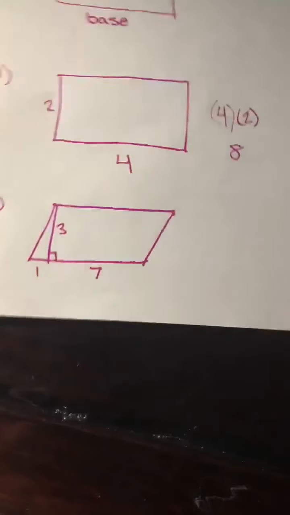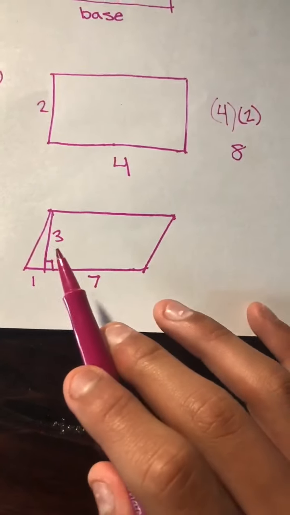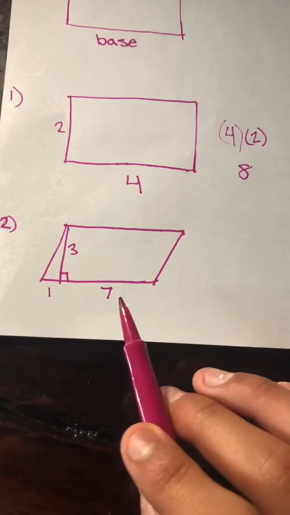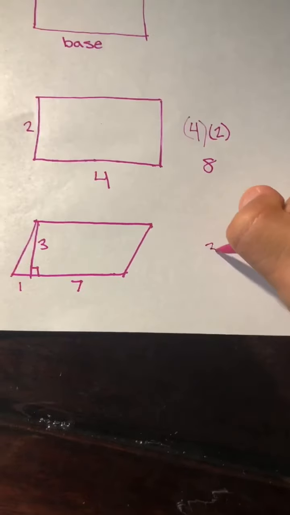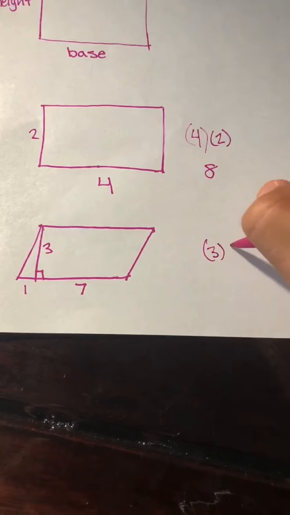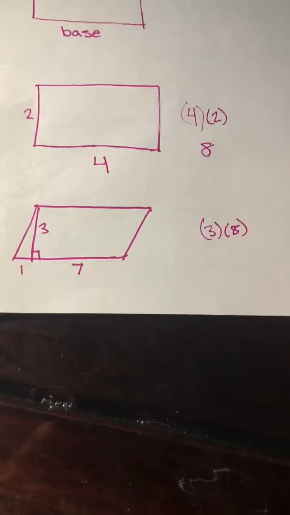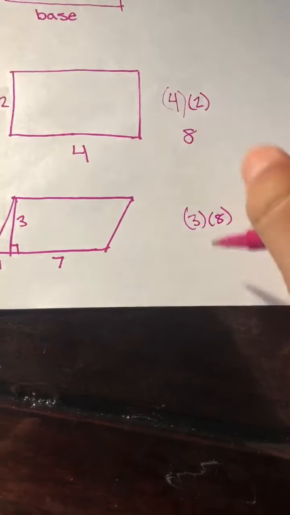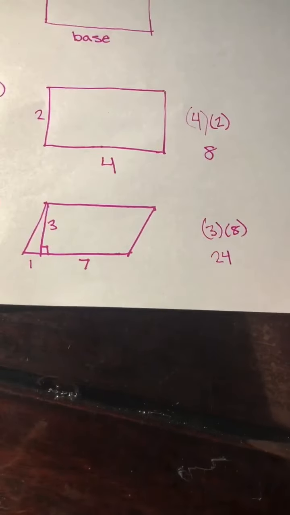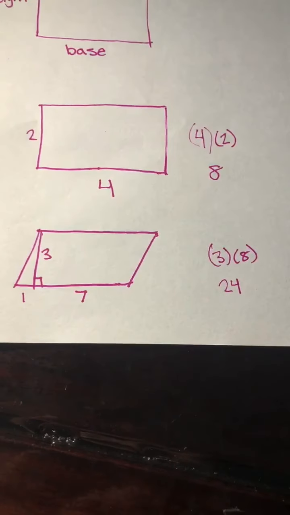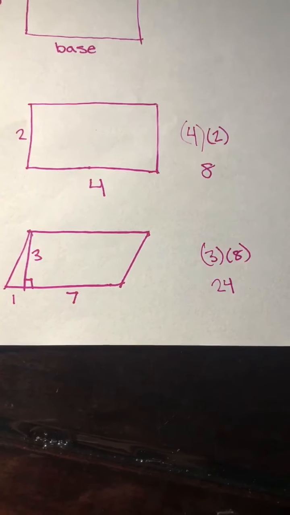And the bottom one. So we have 3 as our height, and our entire base together is 8. So we would do 3 times 8. Multiply that and you get 24. That is the section 10.1 area of rectangles and parallelograms.